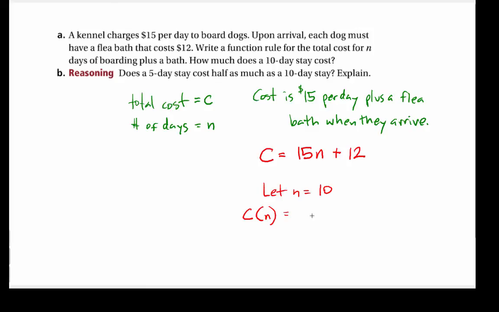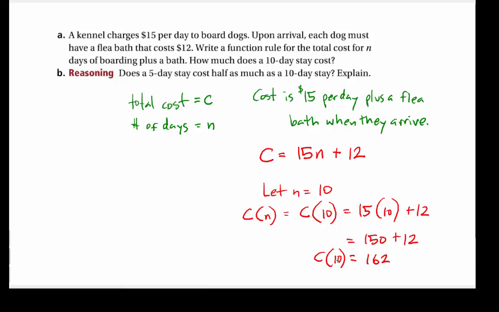So they're asking us, what is C of 10? Well, C of 10 is going to equal 15 times 10 plus 12, which is 150 plus 12, which is $162. So the 10-day stay is going to cost $162.